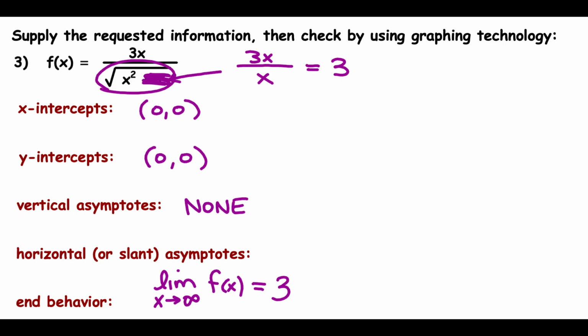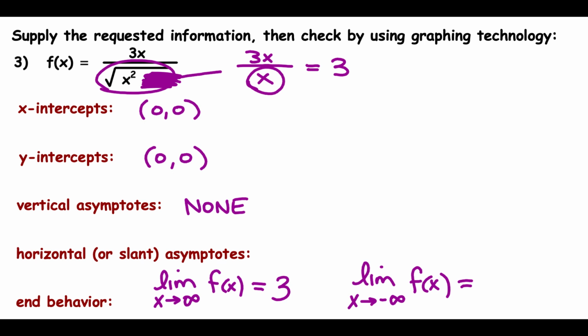Now, it seems like it would be the same to the left as well, but it won't be. As x approaches negative infinity, the same sort of thing happens. That plus 1 isn't going to matter. I scribbled it out. It's still gone. Square root of x squared is still this x, and the 3x is still itself.